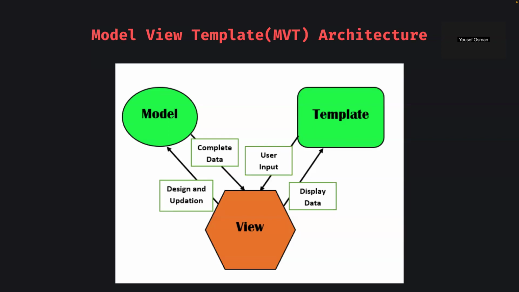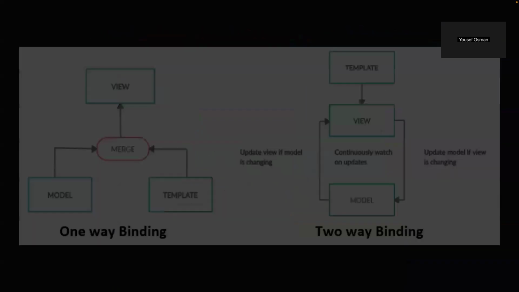So whenever we have a change in the view, we update the model, the state of the component. And whenever we have a change in data, we update the view. We display the data in the component, in the template. And we can also provide user input through the template and update the view. So that's just a simple overview of the architecture.